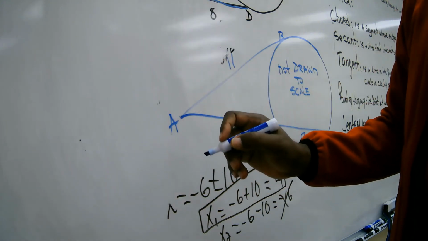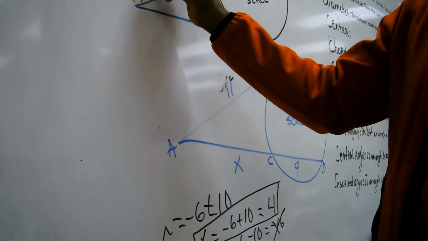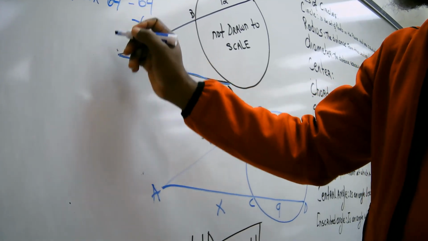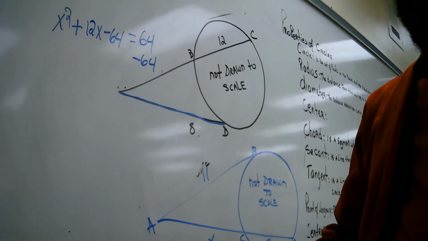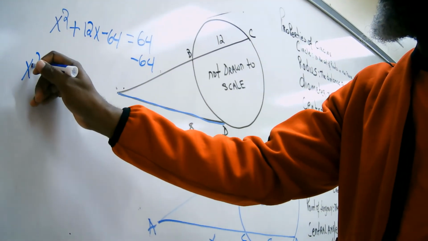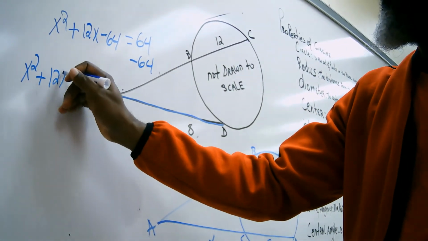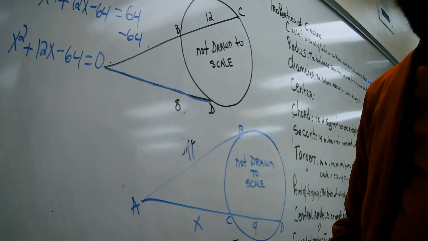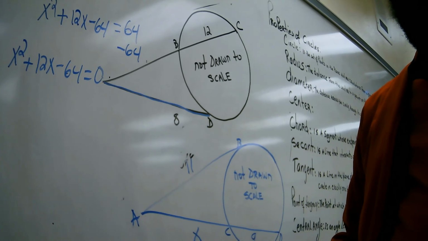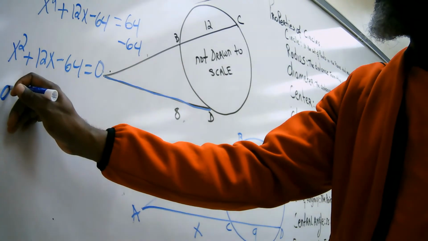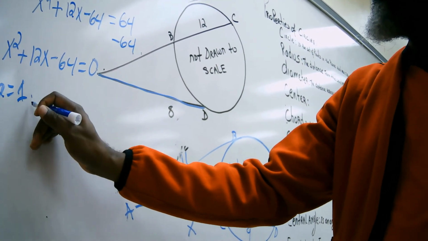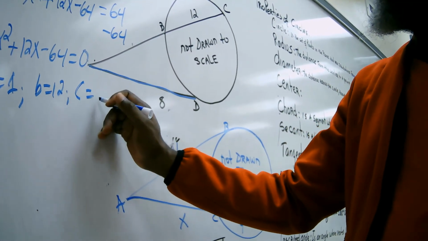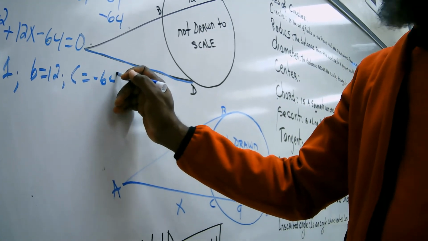In order to use the quadratic formula, you will have to let this side equal 0, so you will end up with x squared plus 12x minus 64 is equal to 0. That can be factored, but I'm not going to factor it, so we're still going to use the quadratic formula. And in this case, a is 1, b is 12, and c is negative 64.